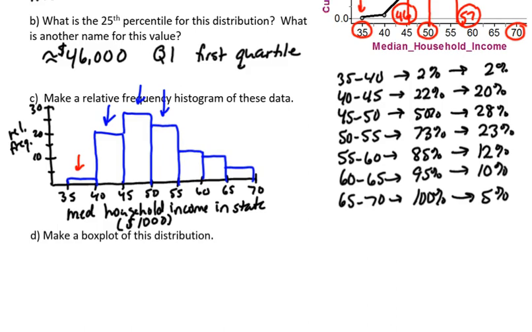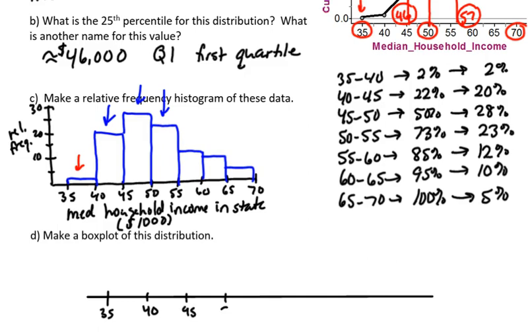Magic pen lets me make a line and it automatically straightens it for me. There we go, lovely. Now back to regular pen. Okay, so 35, 40, 45, 50, 55, 60, 65, and 70.